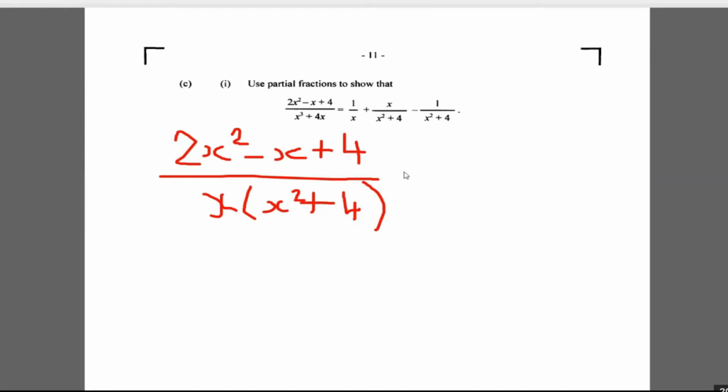And since it's irreducible, the type of partial fraction it's going to be separated into is A over x plus (Bx plus C) over x squared plus 4. That's what we're going to get.